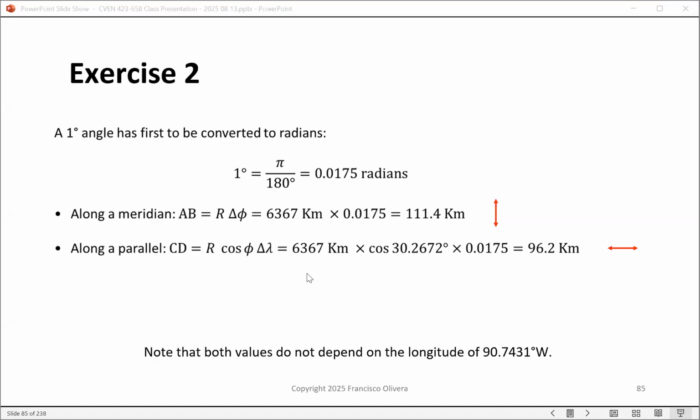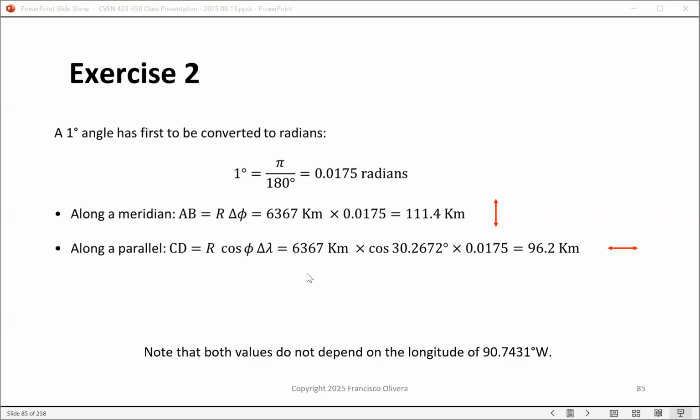In the east-west direction along a parallel, CD is going to be equal to R, the radius of the Earth, times the cosine of the latitude of Austin, which in this case is 30.2672 degrees, times the angle, which is going to be 1 degree.